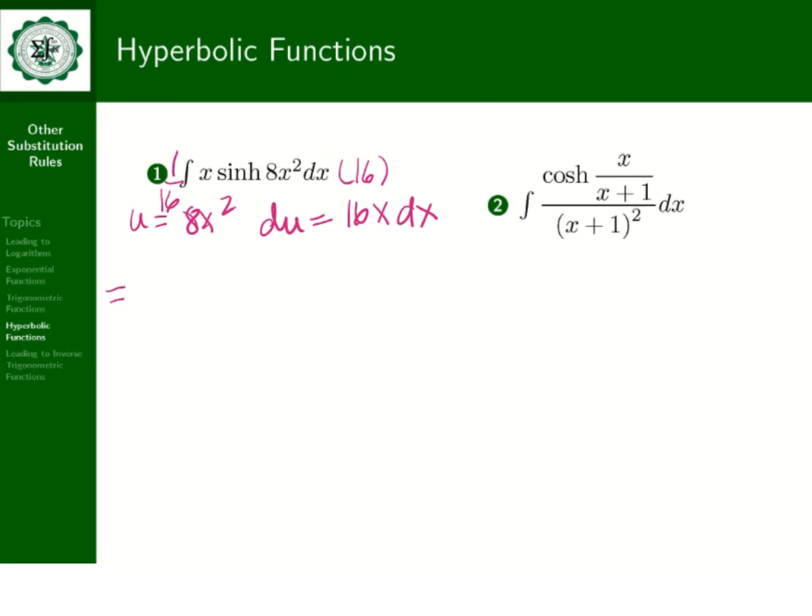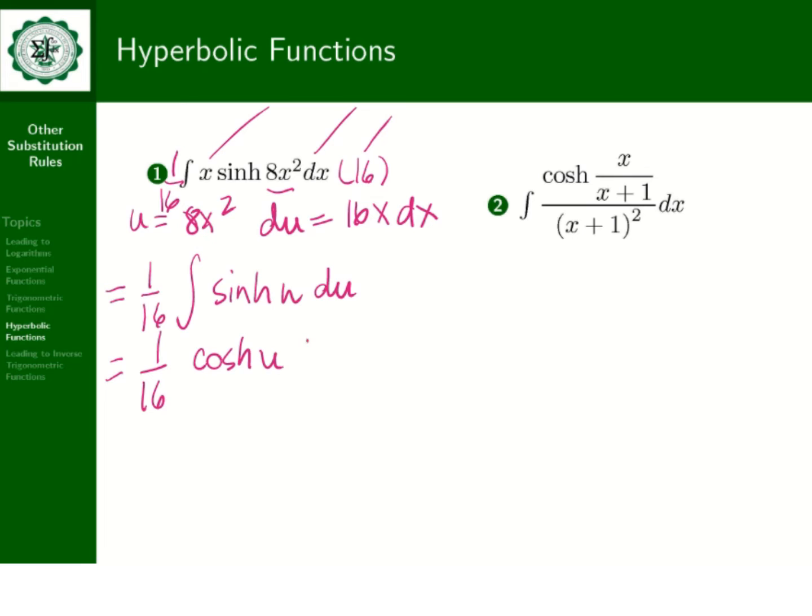Again, performing substitution, we have 1 over 16 integral of, so sinh 8x squared will be replaced by u, and then x dx, and then 16 will now become du. So the formula for this is cosh of u plus c, and then we just replace u with 8x squared.